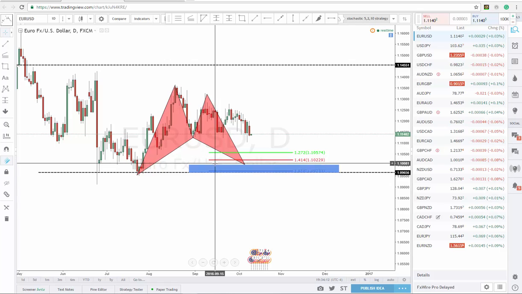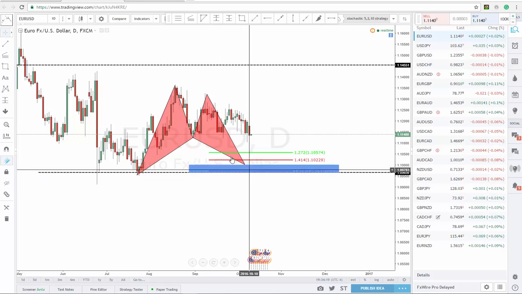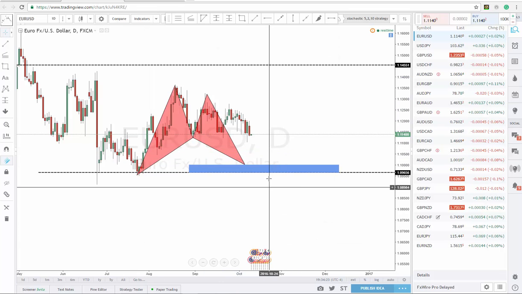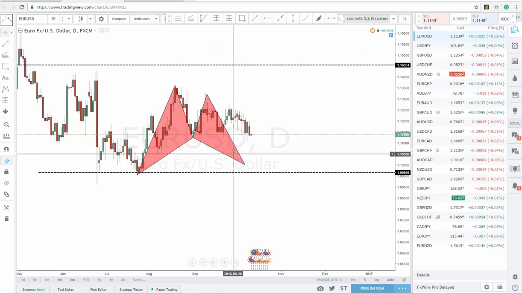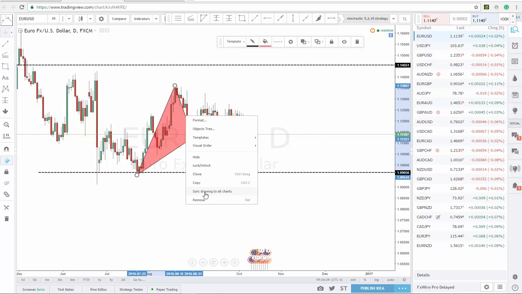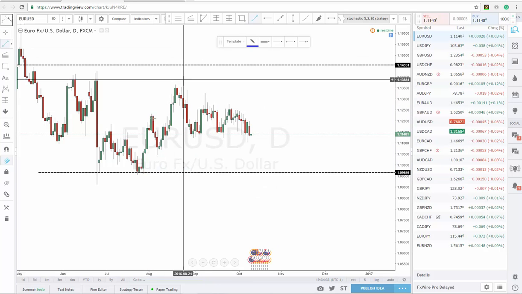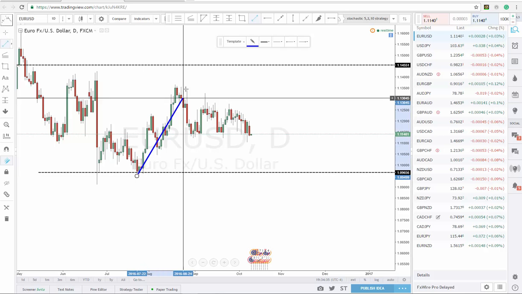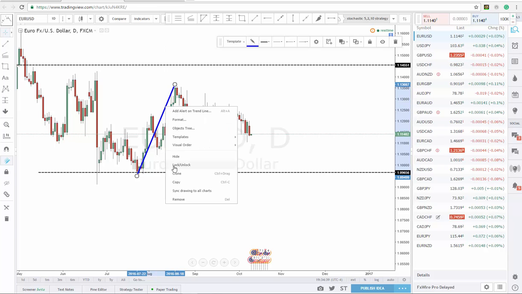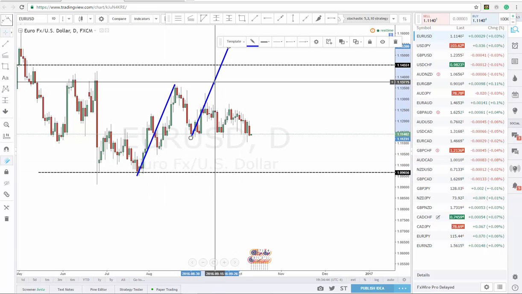Now what I like to do is look for an entry reason going the opposite direction. So as of now, we have a reason to get long if the market comes down. So if we delete this analysis, now let's see if we can find a reason to get short if the market heads higher. So the first thing we'll look for here is an ABCD pattern. If we copy and paste this leg of the move, that's going to be a little high.